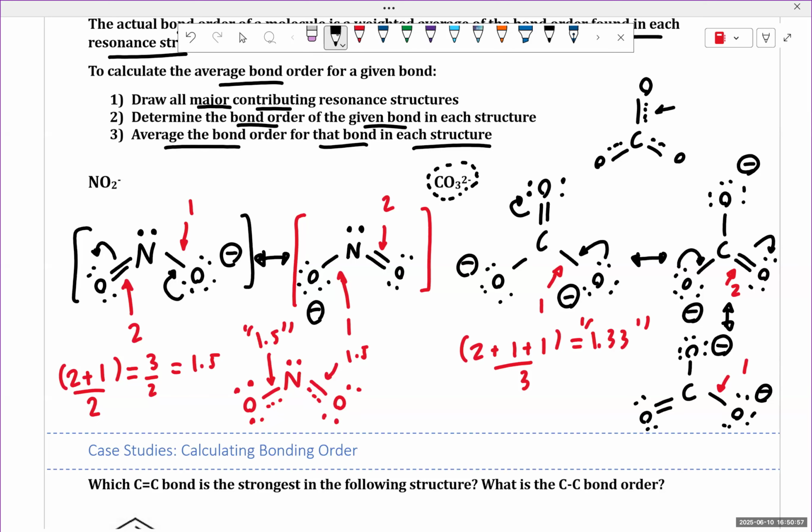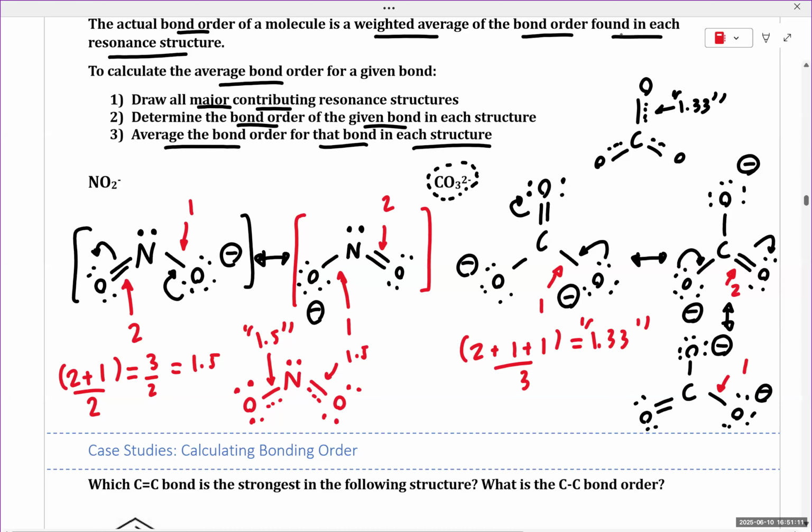This bond order is closer to 1.33. So qualitatively, this carbon-oxygen bond is weaker than a traditional carbon-oxygen double bond, and it's only slightly stronger than a carbon-oxygen single bond. So the bond order can give you a sense of the relative bond length and strength.